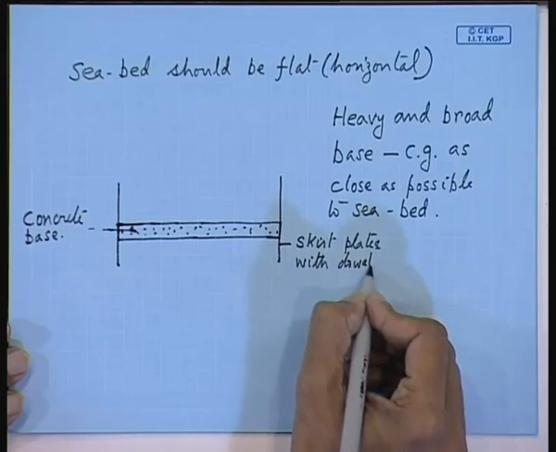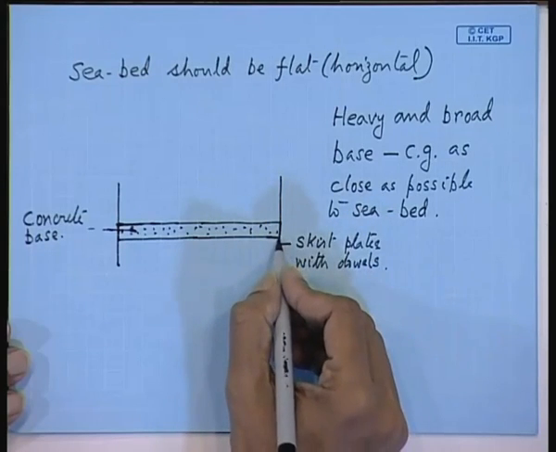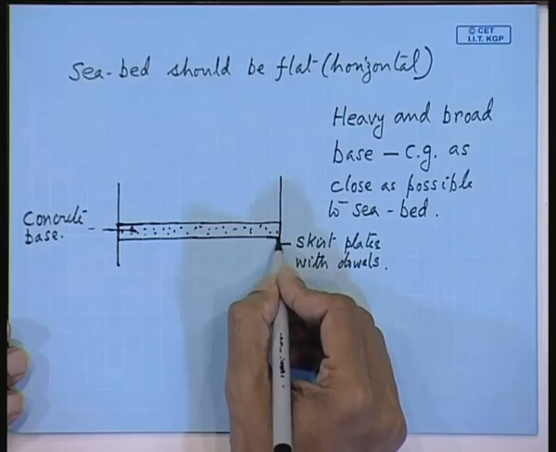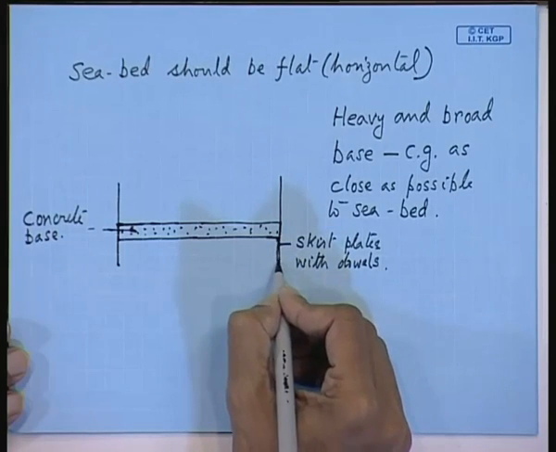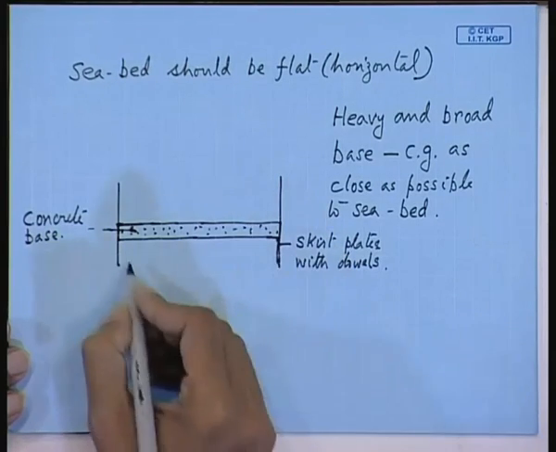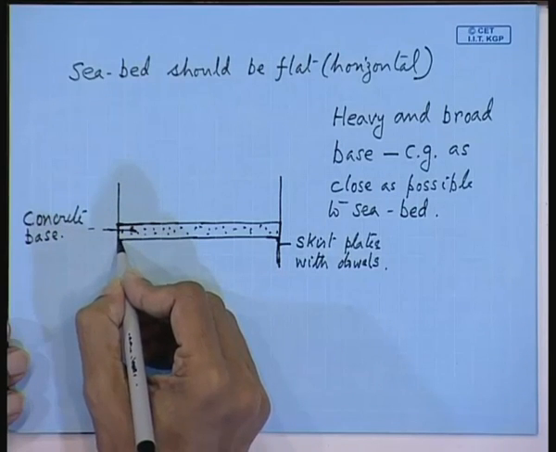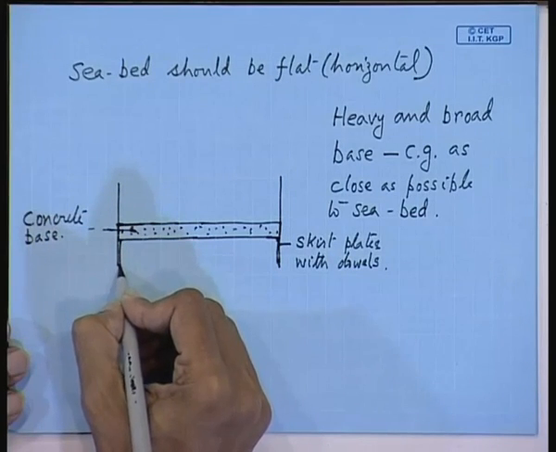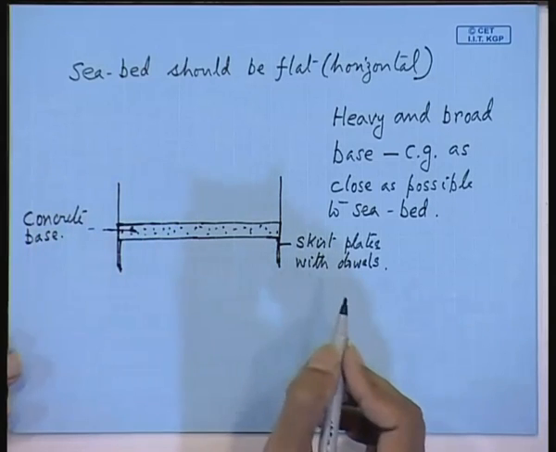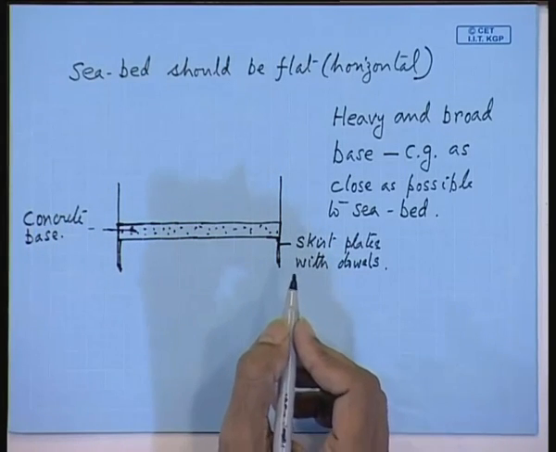Like the pies that I have drawn, they have teeth. So, here you also have sharp edges, these are called dowels. These actually go below the soil, or they are able to pierce the rock.